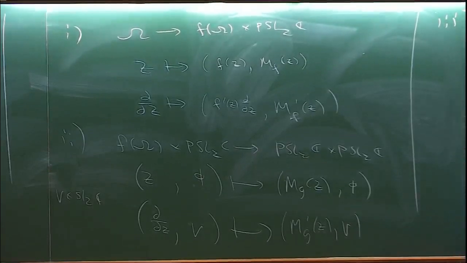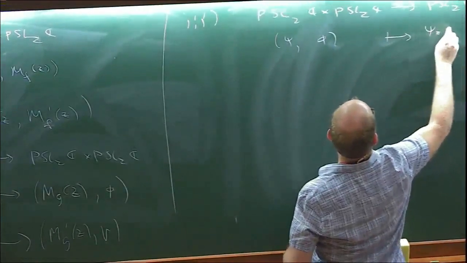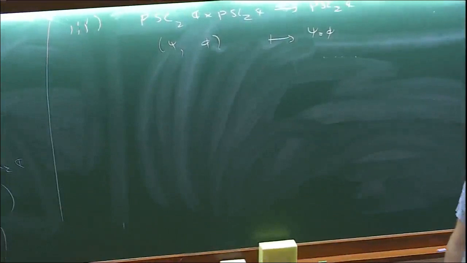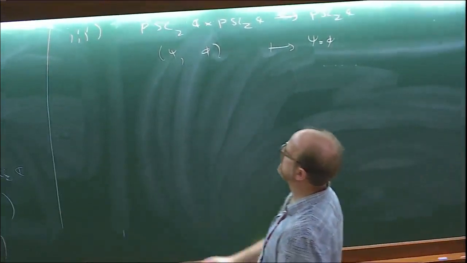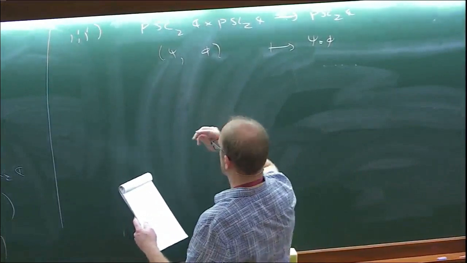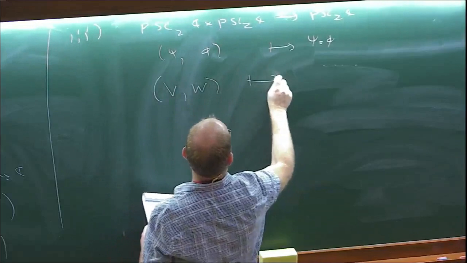Okay, so the third map, I'm going to have the domain, the product of PSL2C with itself. I'm just going to go to PSL2C. So I take some psi and phi, I'm just going to compose them. Now I have two vector fields. I want to look at the tangent map.